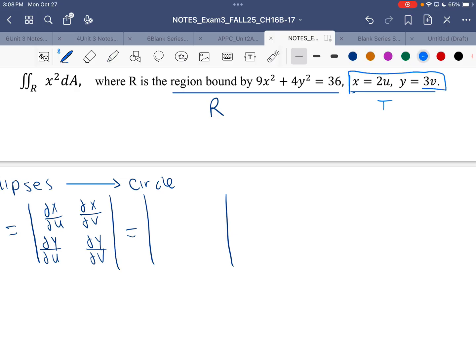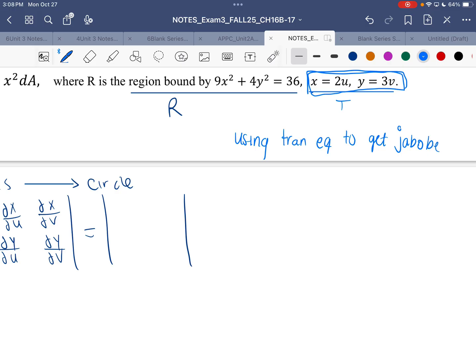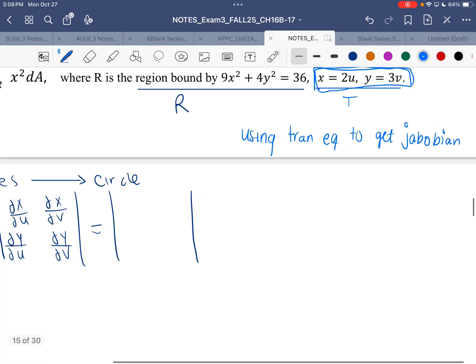So we're talking about doing the Jacobian, like we're using the transformation to do the Jacobian. Okay, so x with respect to u, what is that going to be? 2.